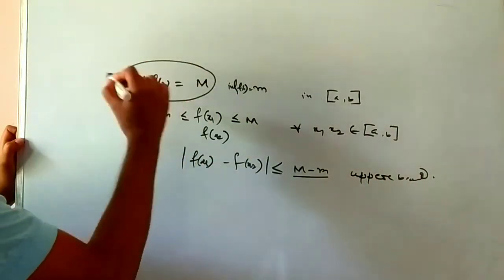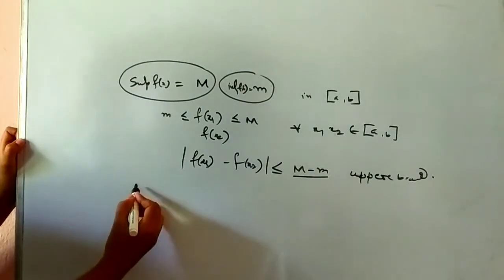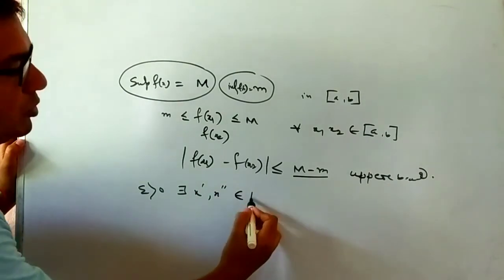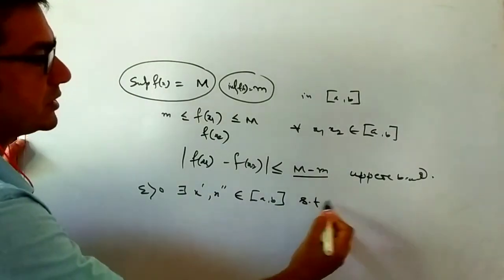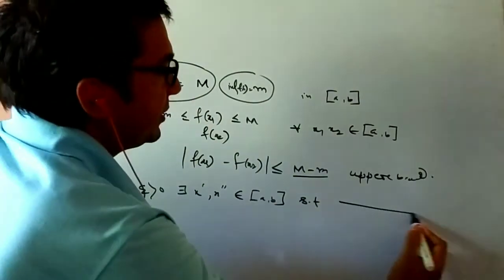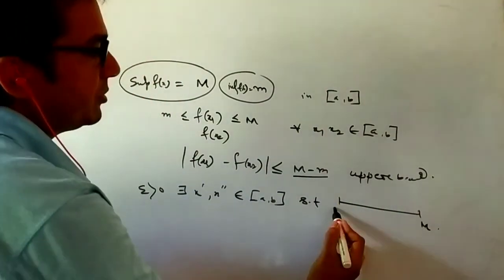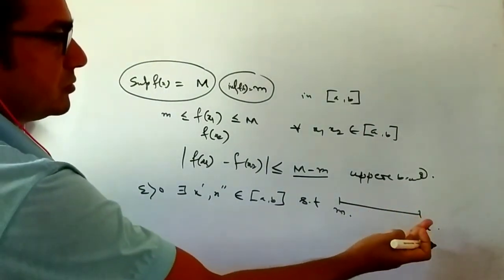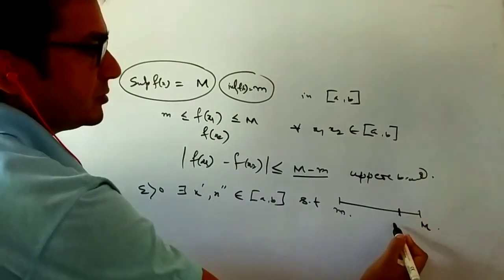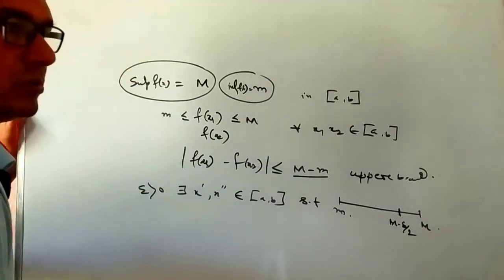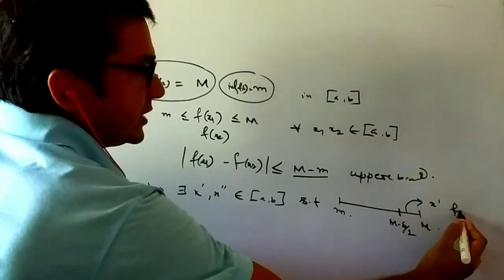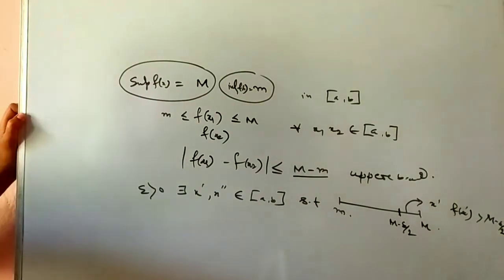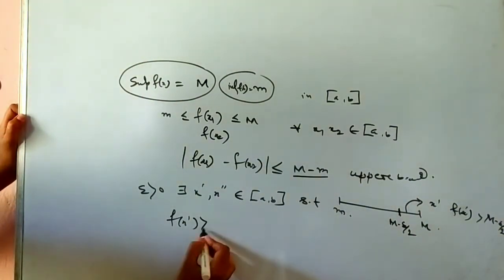Now from the definition of supremum and infimum, for any epsilon greater than 0, there exist x' and x'' belonging to [a,b] such that, if we subtract epsilon by 2 from M, then there exists x' such that f(x') is greater than M - epsilon by 2.